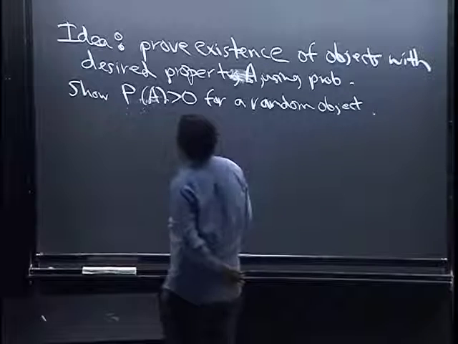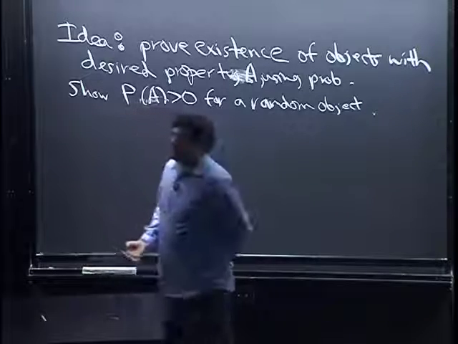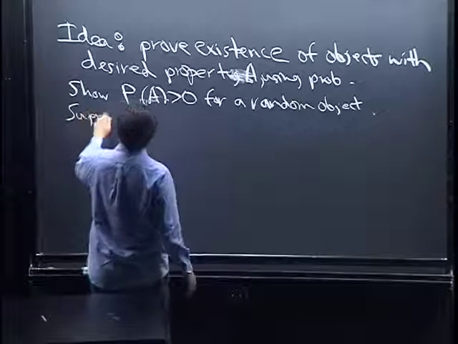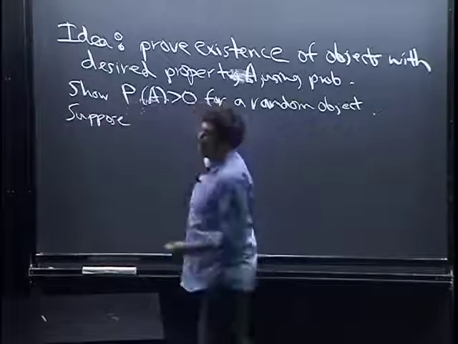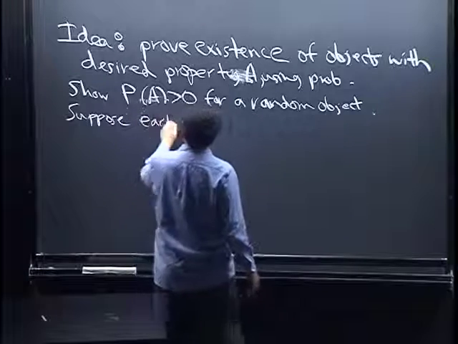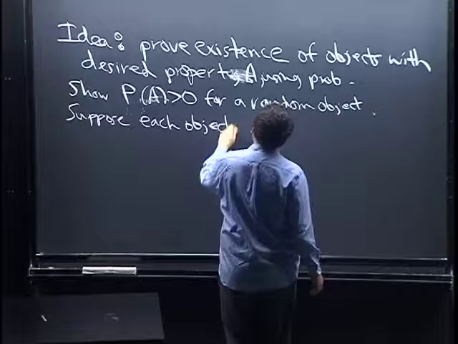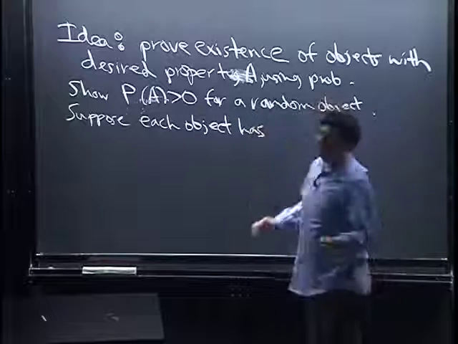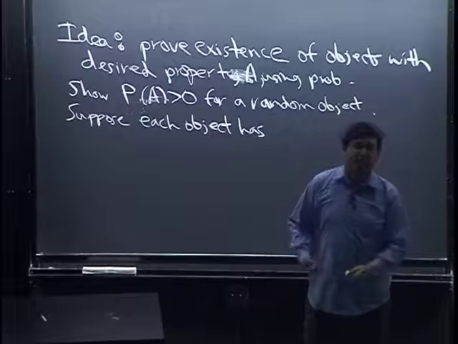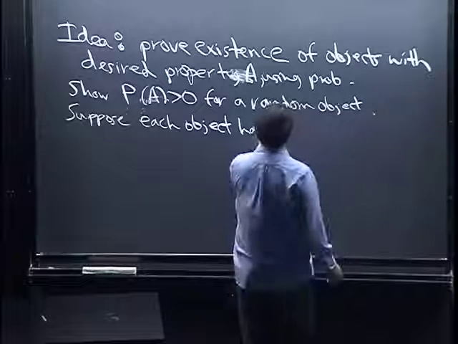That's method 1. Let's extend this a little bit. Suppose each object has a number associated with it. Let's think of a score. So we have this universe of objects, no probability yet. Each object has a number attached to it, so some kind of a score.